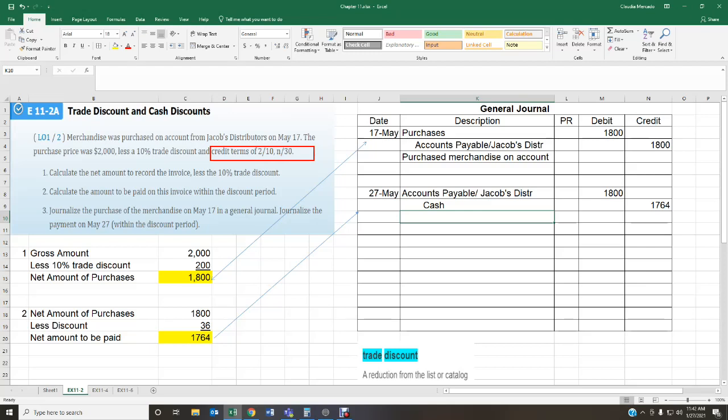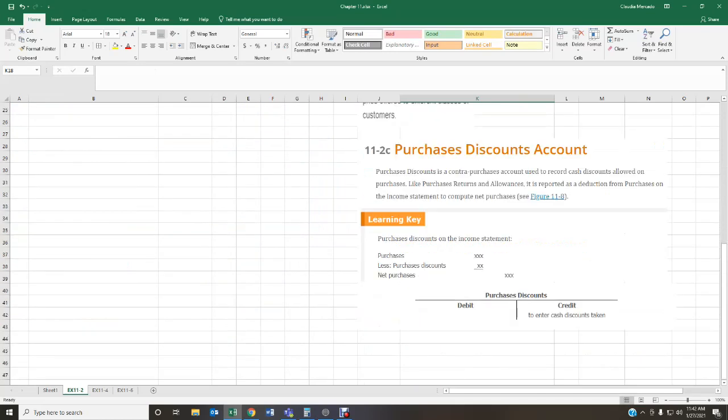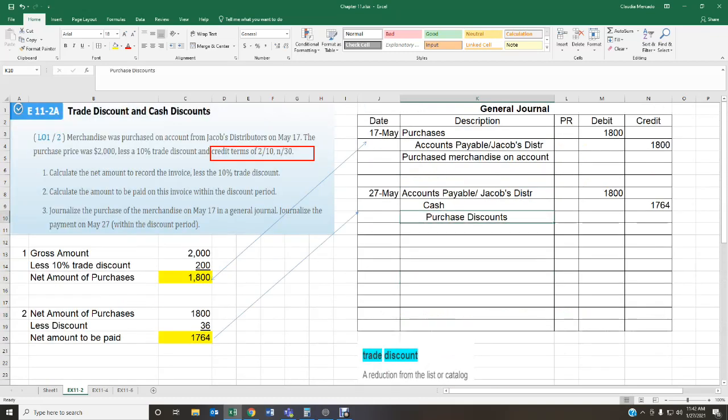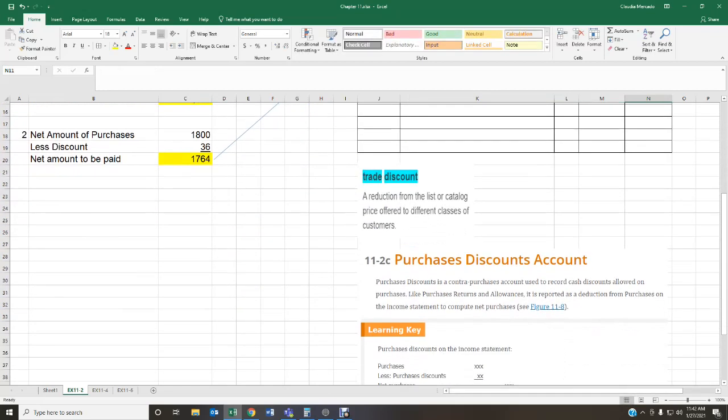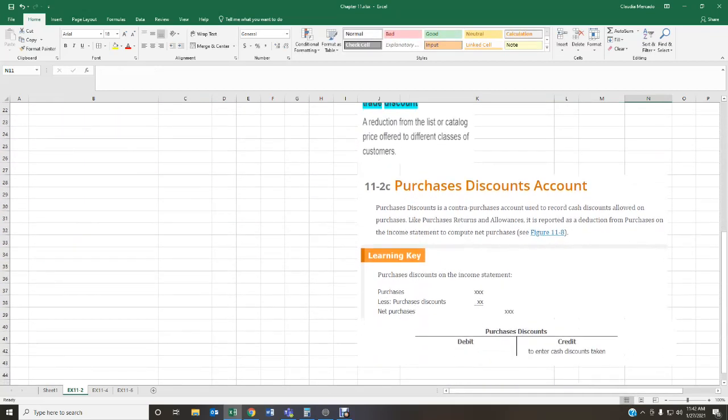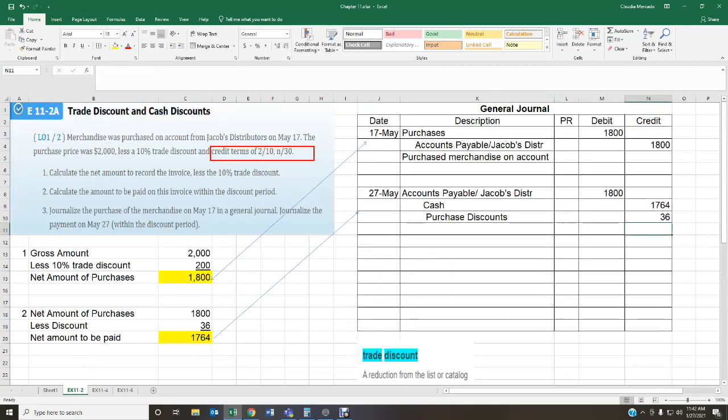So what account am I going to use? Well, we have an account called Purchase Discounts. And if we go down here, it says Purchase Discounts is credited to enter the cash discounts taken. So what was the amount of my discount taken? It was $36. So based on our T account provided down here, purchase discounts gets credited. Accounts payable is cleared for the full amount that we recorded, which was the $1,800.